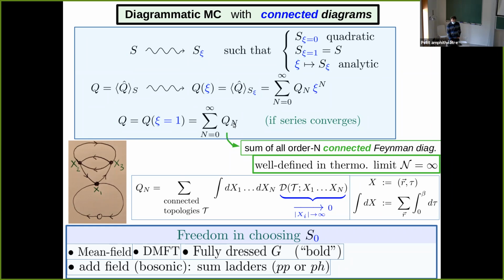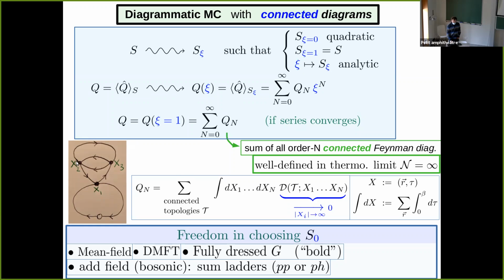So in practice, this Qn is a sum of all order n connected Feynman diagrams. And because it's connected, it's well defined in the thermodynamic limit, as we will see in a moment. So in practice, here is an example of a connected Feynman diagram. This one is for the density.